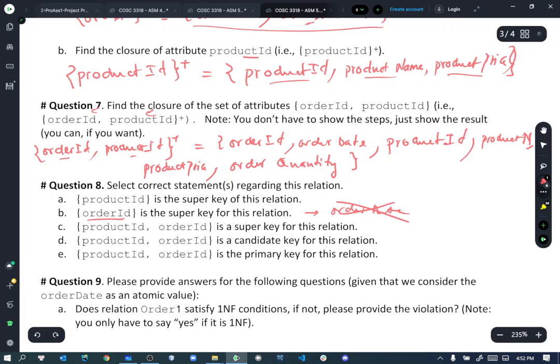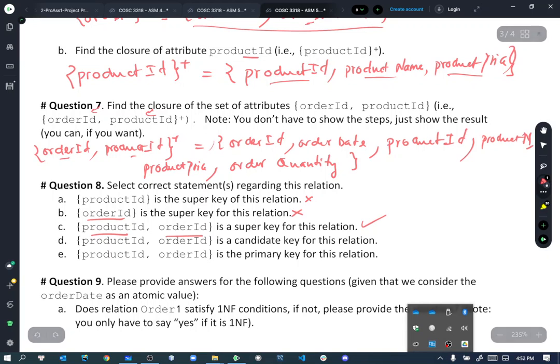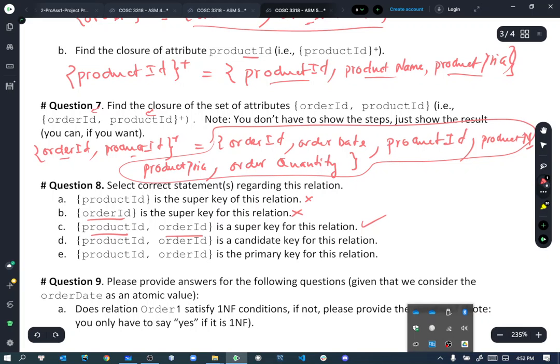So it cannot determine everything, so it's not a super key. But product ID and order ID is a super key, yes, because it determines everything. Its closure includes everything.